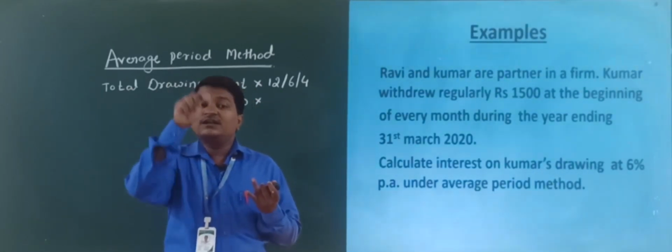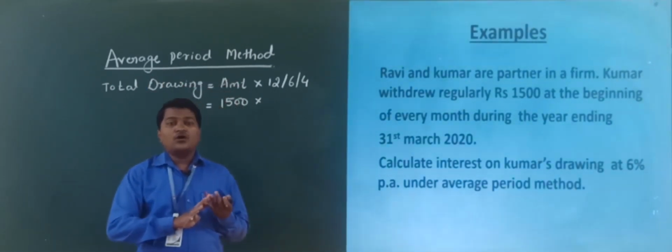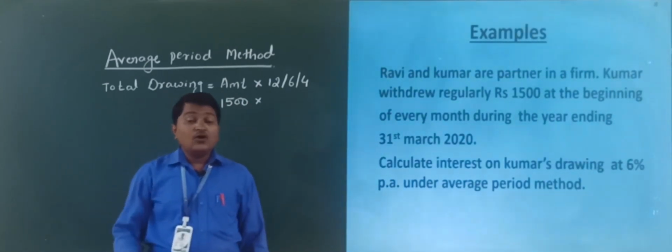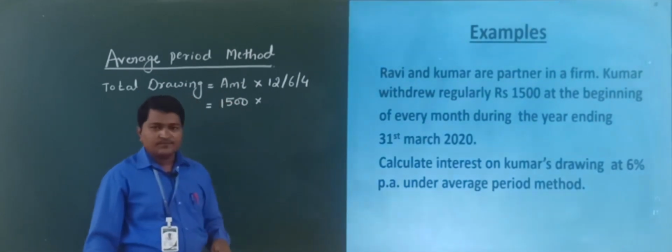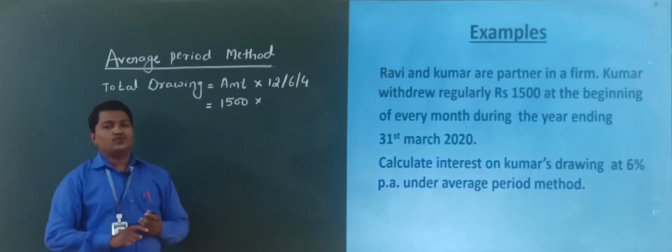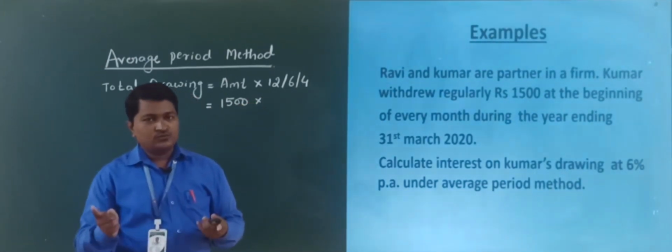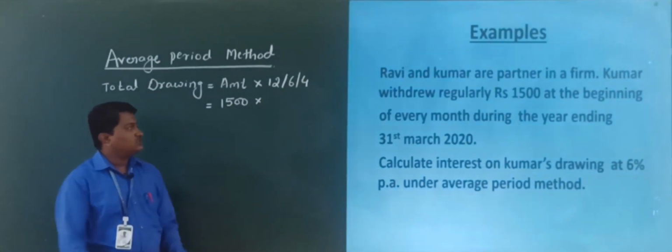If it is 30th September, then it is half year. Or if it is quarterly, they directly mention the word quarterly or half year. So is there any word quarterly? No, means you should not multiply by 4. Is there any word half year? No, so you skip this also, means you must multiply by 12 here.